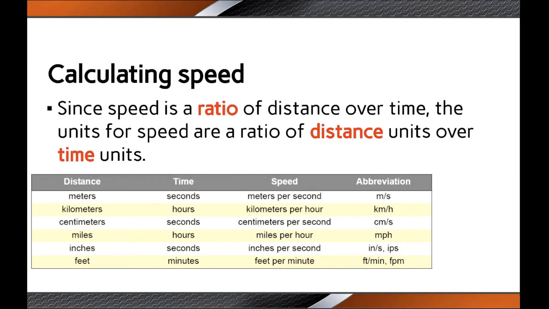So that ratio of distance over time, you have to make sure that you're using the appropriate units. All right. So our constant speed, I'd like to go on a trip would be the speed limit and put the cruise control on so that way it's not going up or down, speeding up or slowing down.